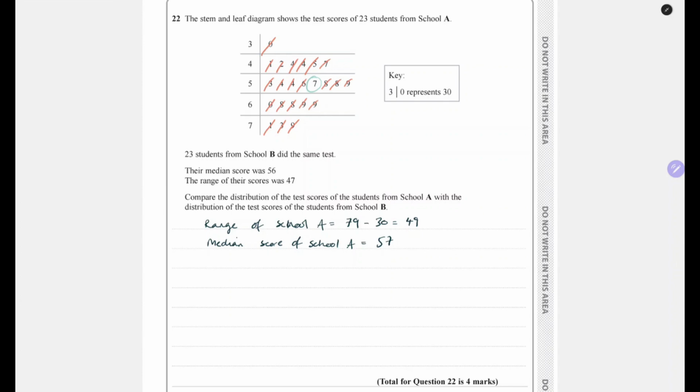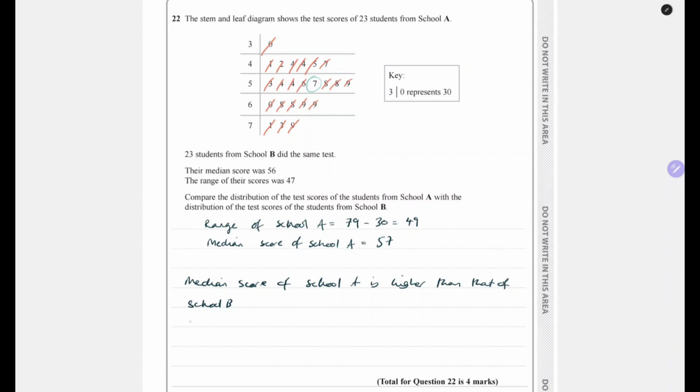So now we can compare the range and median scores of school A with school B. So the median score of school A is higher than the median score of school B. So median score of school A is higher than that of school B. And the other thing we can talk about is the range.